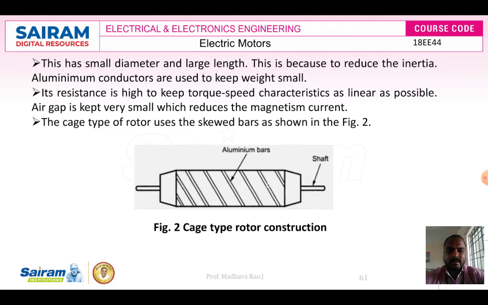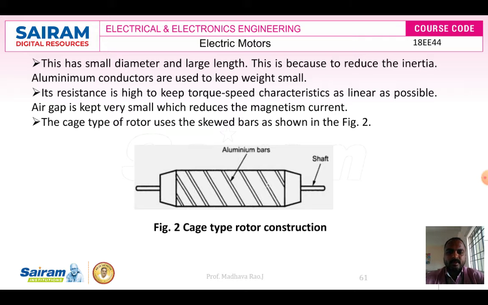The resistance is high to keep the torque speed characteristics as linear as possible. The resistance of the rotor is high for getting linear characteristics. The air gap is kept very small, which reduces the magnetizing current.